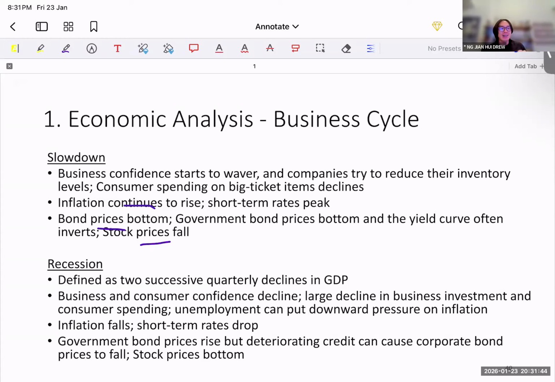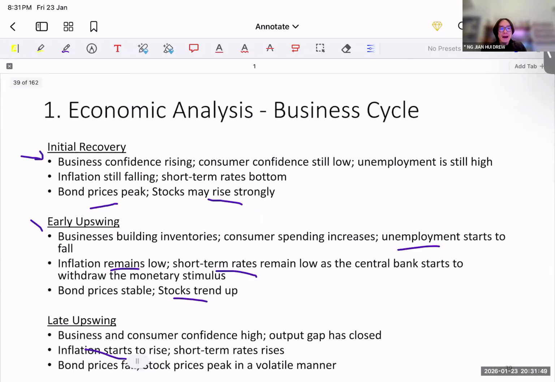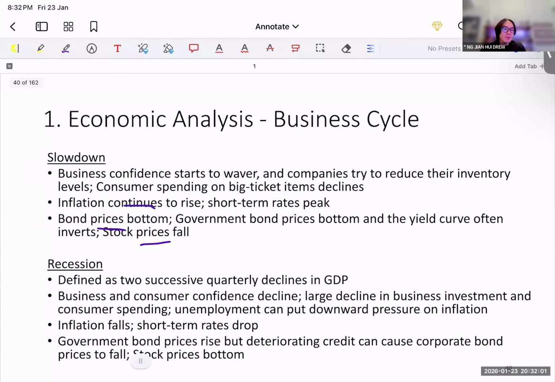So if you ask me, it seems like many of you think it could be the slowdown. I would actually think maybe initial recovery, but at the same time, this time the market is also a bit messy. Some people might even say recession, or they call it a technical recession.